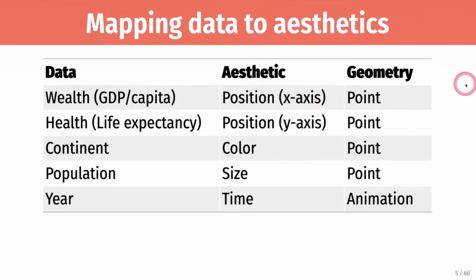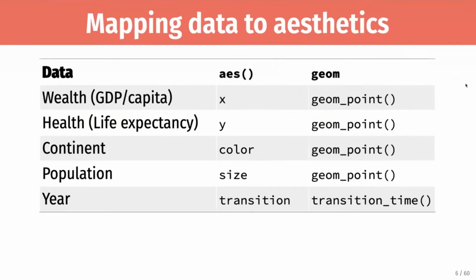So this same chart right here, this is the R code version of it. In ggplot, there's a function called aes, which stands for aesthetics. And so here we have an x aesthetic, a y aesthetic, color, size, and then this last line here is for the animation stuff. It's a separate package, but you essentially have a transition aesthetic. And then you use some sort of geometry or geometric shape to represent these aesthetics.